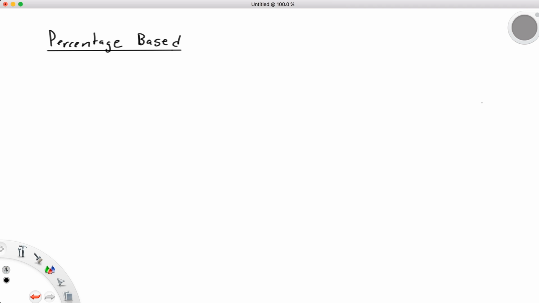A percentage-based system essentially takes different aspects of the grade, say something like homework or quizzes, maybe some exams, and a final, and assigns them each a percentage of the total score for the whole course.